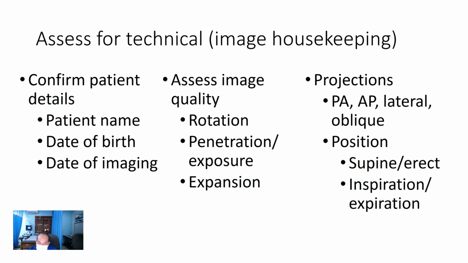So how to assess image quality? We have to know: is there any rotation? How about penetration, exposure, and expansion? And also we have to know what projection we get from the radiograph, and the position also.